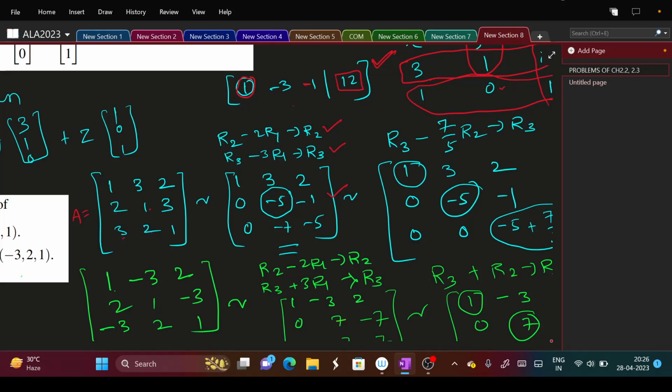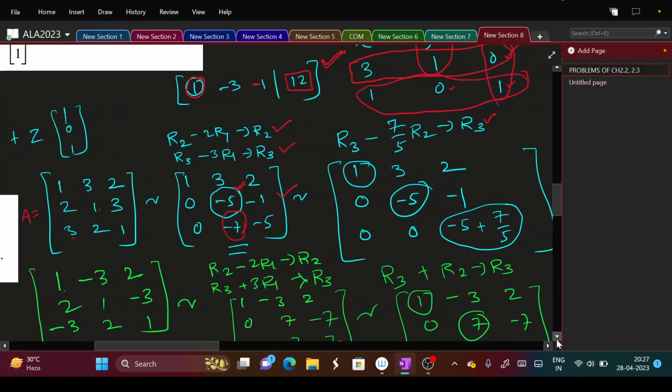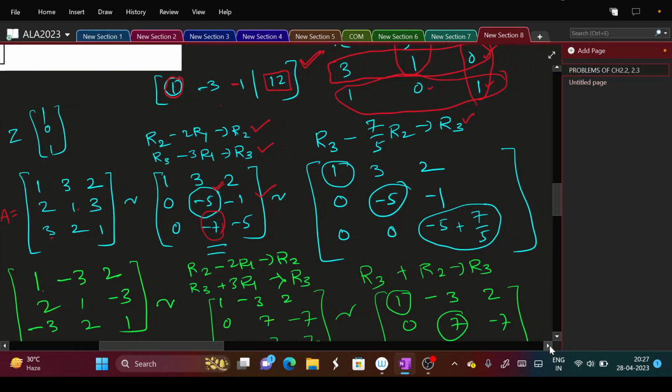This is my second pivot, and below it this element I have to make 0. To make this element 0, I will go for this operation: R3 minus 7 by 5 R2 stored in R3.